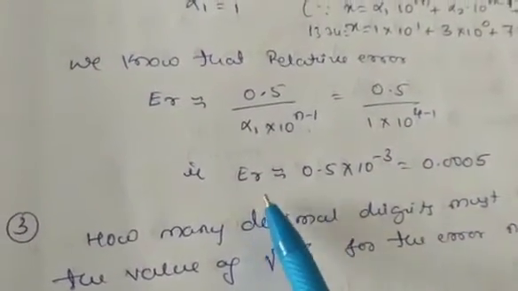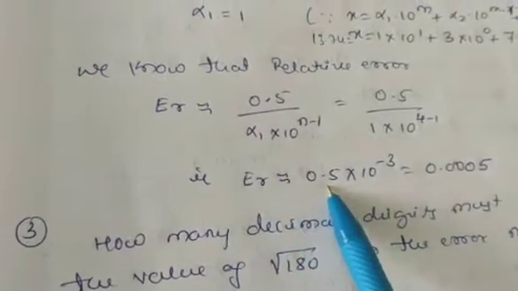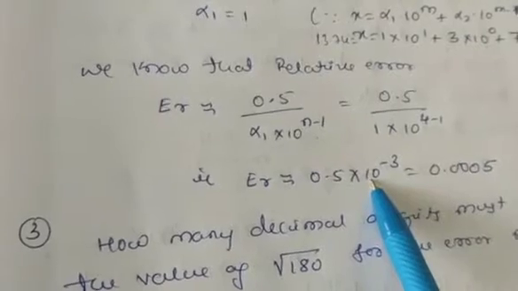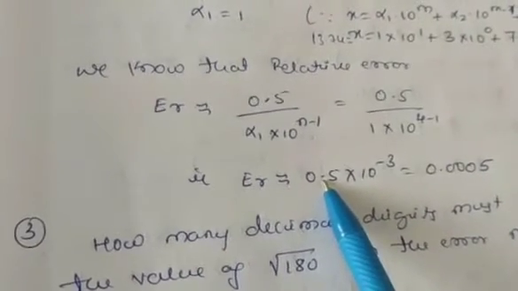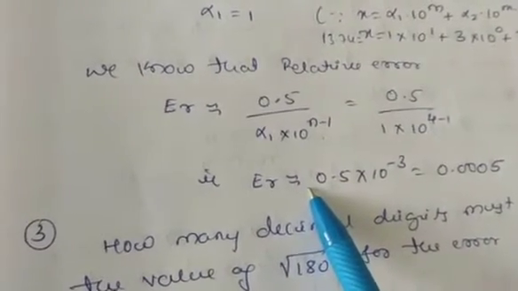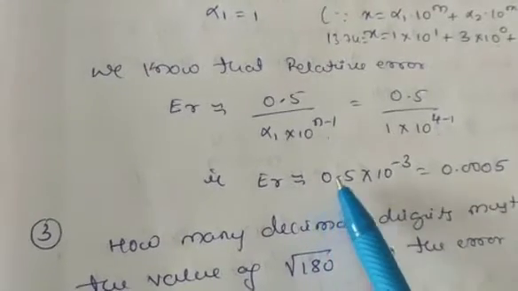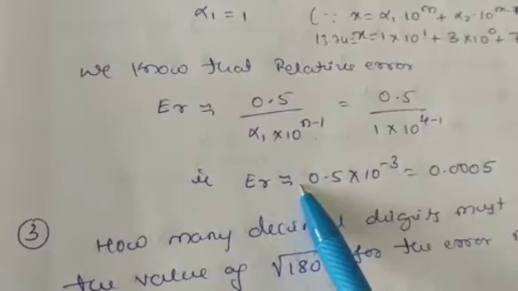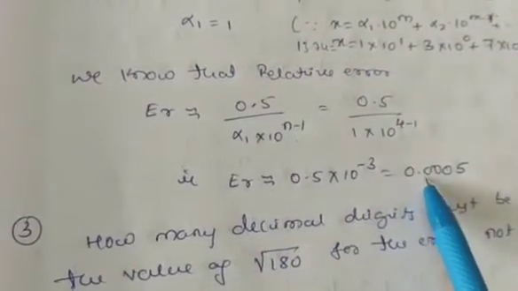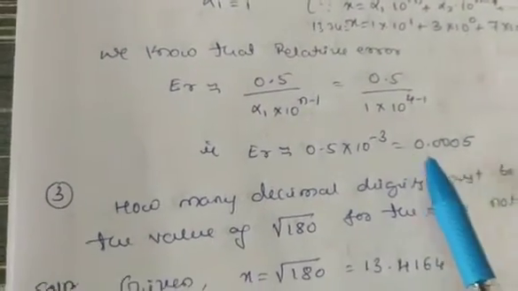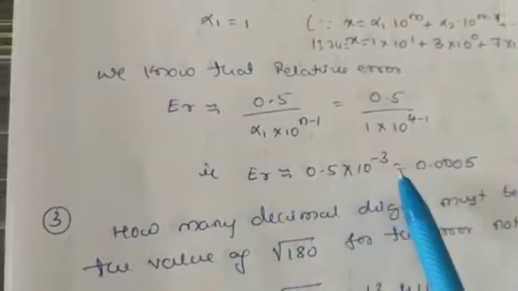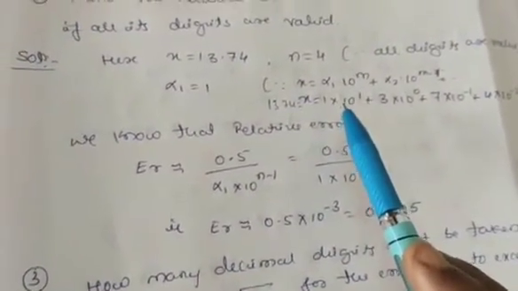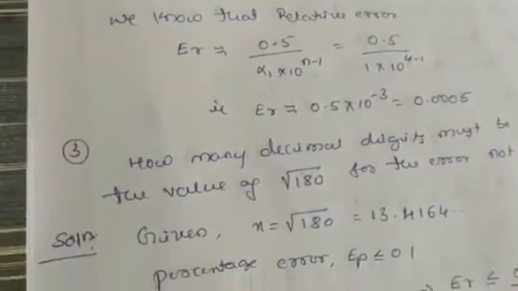So relative error is approximately equal to 0.5 into 10 raised to minus 3. 10 raised to minus 3 means you have to move the decimal point 3 places to the left: 1, 2, 3. So it is 0.0005. This is the relative error of this number which has 4 significant digits.